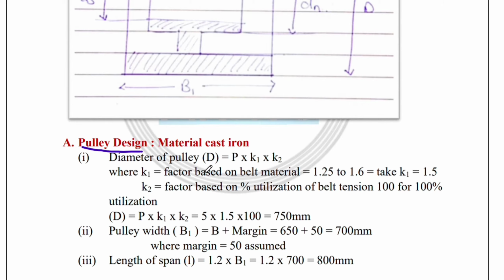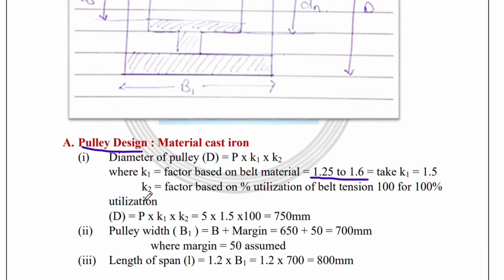Diameter of pulley D is equal to P into K1 into K2. This formula you have to remember, where K1 is the factor based on belt material. The range is given 1.25 to 1.6, so we assume here 1.5.